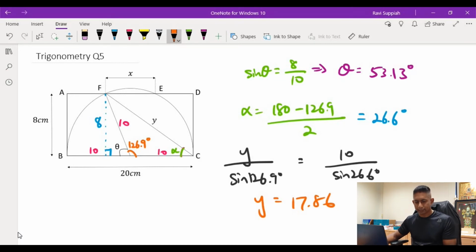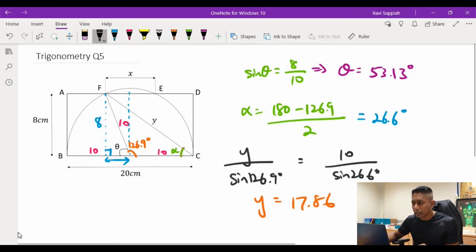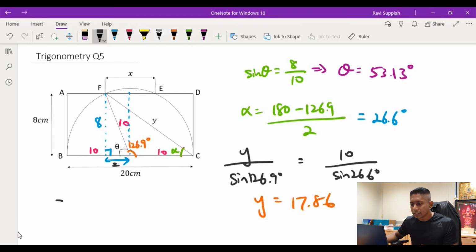Left is x. As you can see, if I were to draw a straight line here, x is actually made up of 2 halves of this base over here. Since this is a right angle triangle, I can use Pythagoras theorem, and I can call this variable, for example, z. z squared will be equal to 10 squared minus 8 squared.